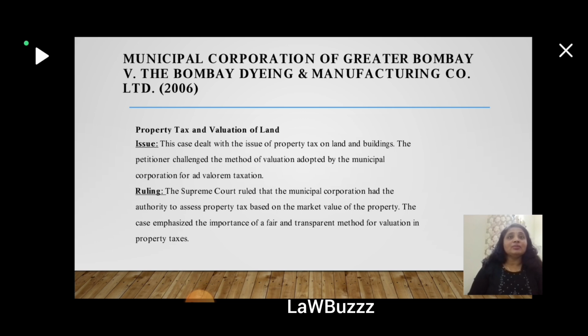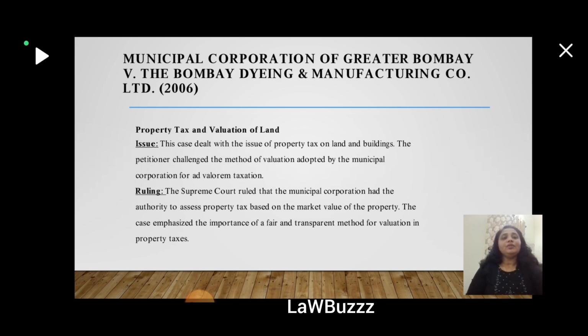The case emphasized the importance of a fair and transparent method of valuation in property taxes. So in an area, according to the value of the property, taxes can be levied, and above or below that it is not permissible. This was the ruling of the Supreme Court.